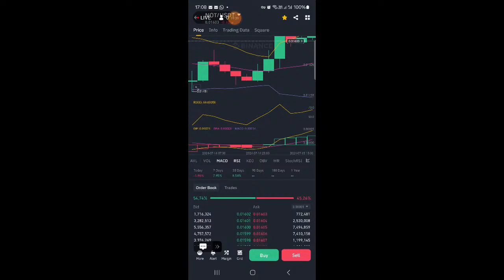And at this point, the histogram bar must be green and the signal line must be crossing or has crossed the MACD line. If these three conditions are met, that means it's a good indication that you can actually buy the market at this point, and it is relatively in a good level.